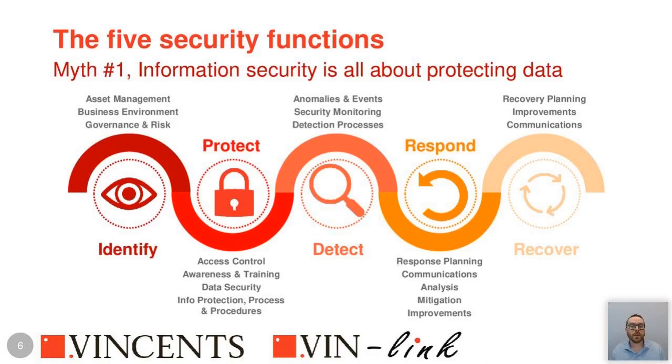Next on the list is the respond category. This is response planning, communication, mitigation, improvements. So if someone gets past your protective and detective controls and you actually have a breach or an incident, how do you respond? Again, very critical.